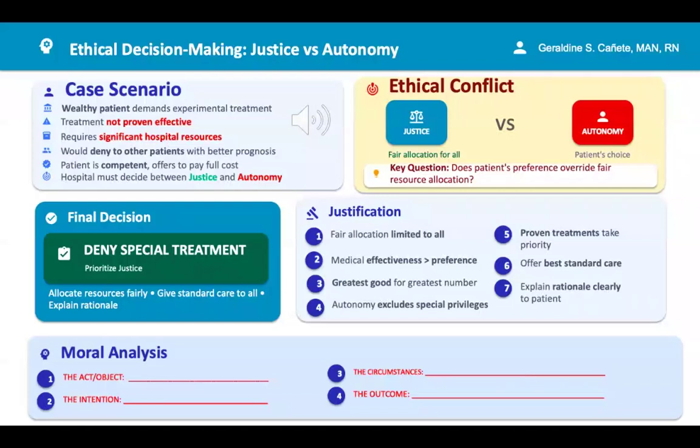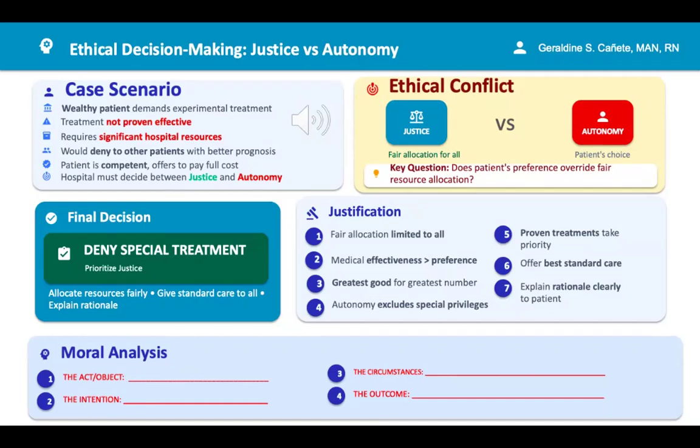The response is that the right to choose treatment is not absolute and must be balanced against the needs of other patients and the principles of justice. Another objection would say denying the patient the treatment could be seen as discriminatory. But we can respond that the decision is based on medical effectiveness and resource allocation, not on the patient's wealth or status.